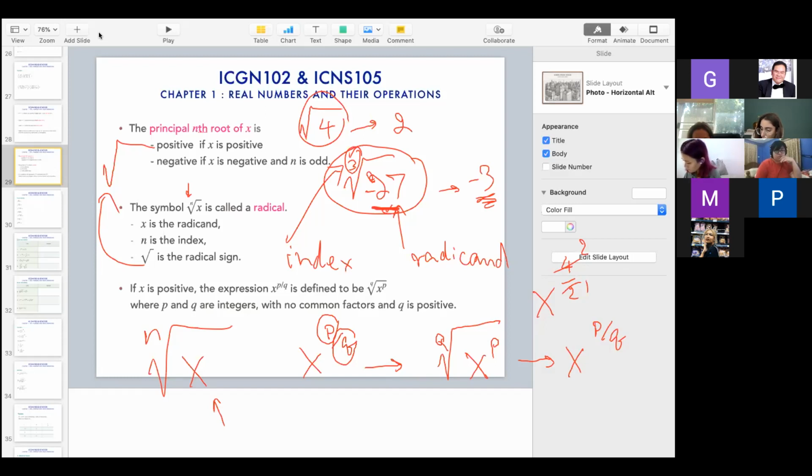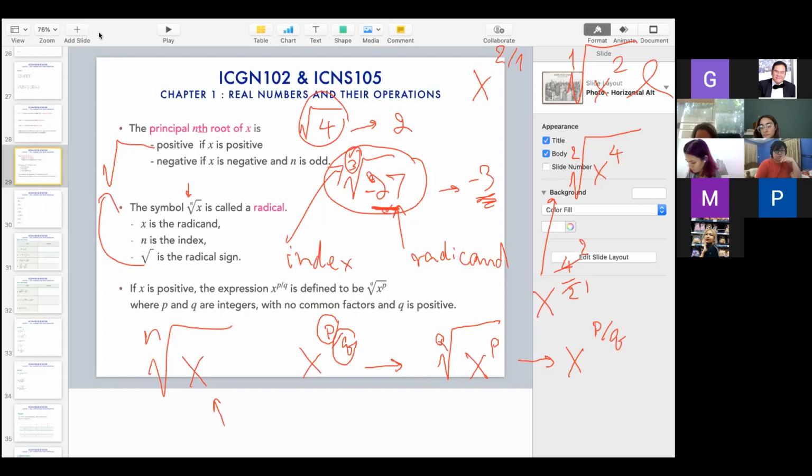You cannot write it as the one-th root of x squared; we don't do that. At most you can write it as the square root of x to the power of 4, which is okay, but not x to the power of 2 over 1 as the one-th root of x squared. So the minimum root is the square root.